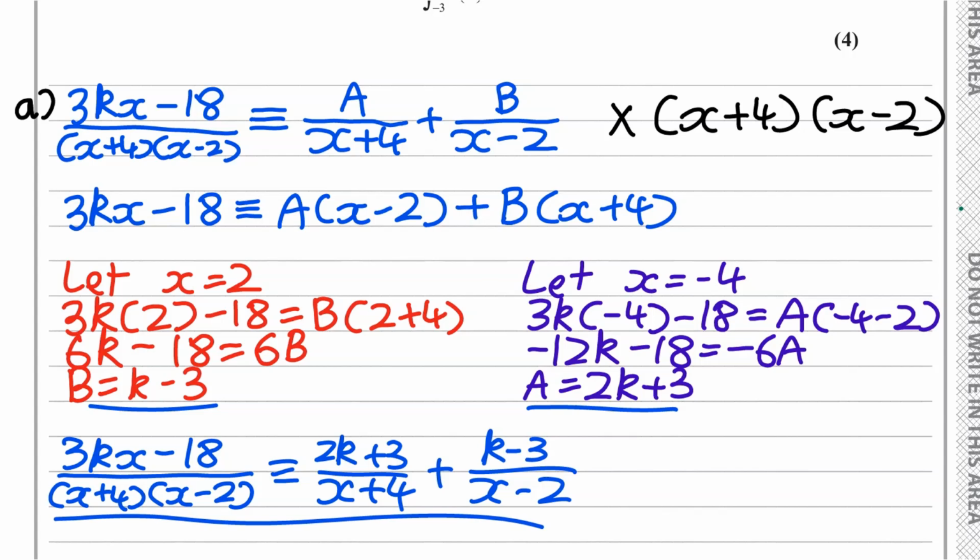In terms of the marks here, you get 1 mark for getting this line here. You get another mark for making these substitutions and attempting to find a and b, and you get another mark for getting the final answer.